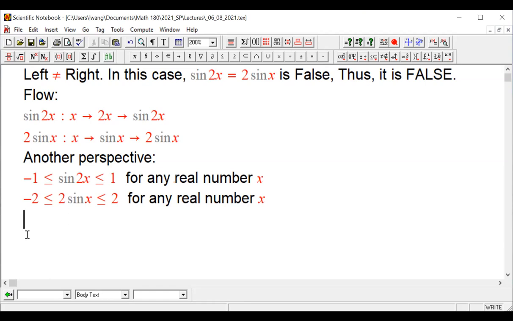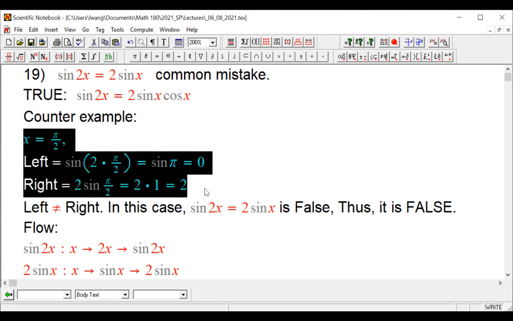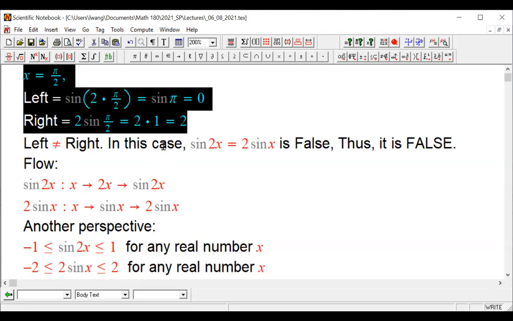So from all these perspectives: from the formula perspective, if you know this formula, then you know something was missing here. That already tells you, don't use it. And very quickly you can pick a simple example to test, because if it's false once, it's false, so you cannot use it.